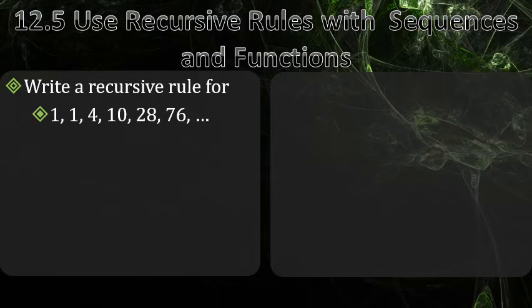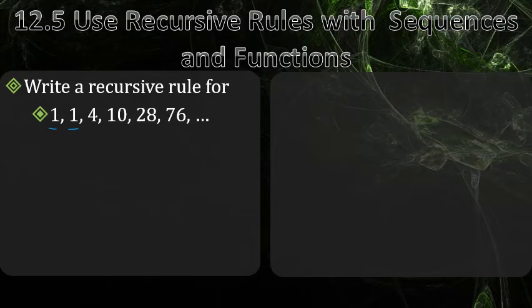Let's try writing a recursive rule for this. So it doesn't appear to be arithmetic, because I'm adding 0 for the first two. Doesn't appear to be geometric, because I'd be multiplying by 1, which doesn't do anything. So it's something else. So I have to look at it and say, what could we be doing? What is 1 plus 1? 2.